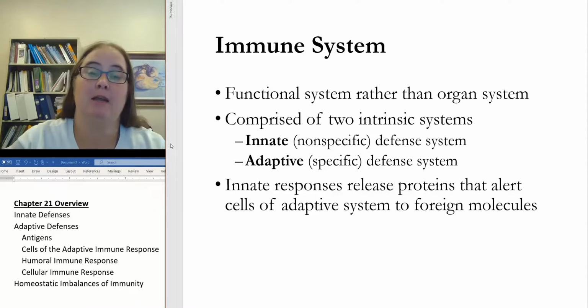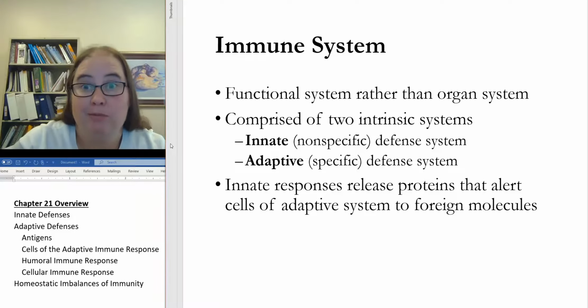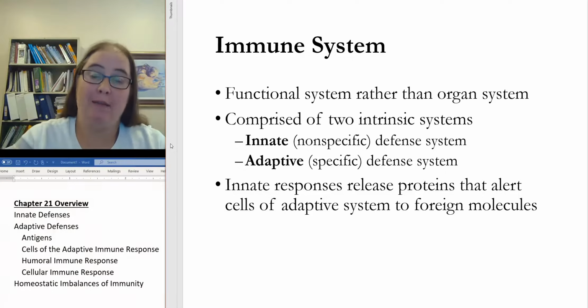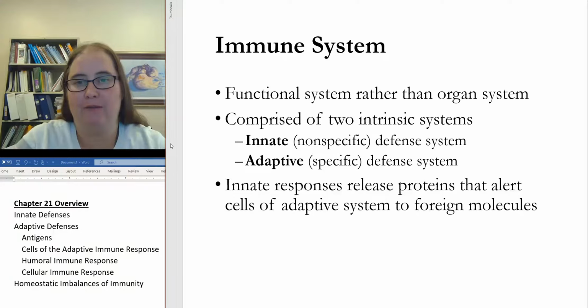Okay? Now, the innate is nonspecific in that it doesn't care what is entering the body. It doesn't care what kind of arms or what kind of legs it has. It just knows that it's foreign and it's going to elicit a response. Okay? The adaptive is specific. Now I know pathogens don't have arms and legs, but go with me for the sake of this chapter, okay?